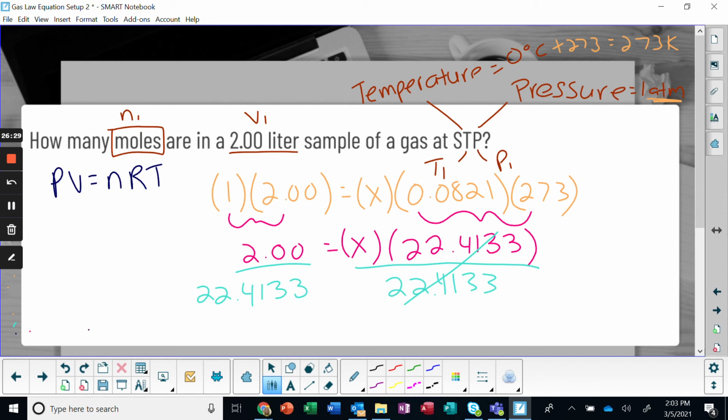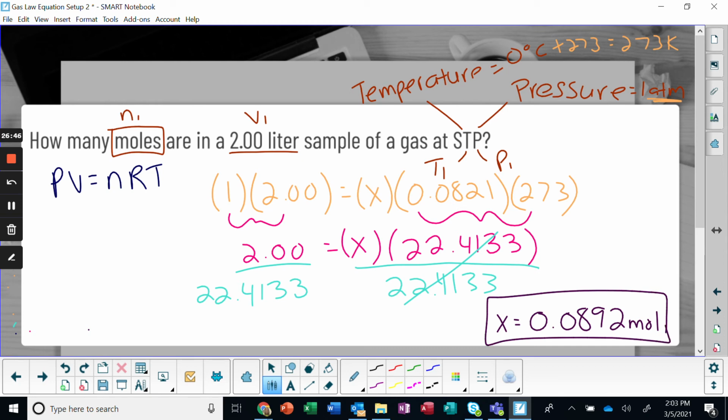Once you solve for X, plug it in your calculator, solve for X, and you get X equals 0.0892, and I was looking for moles. Okay.